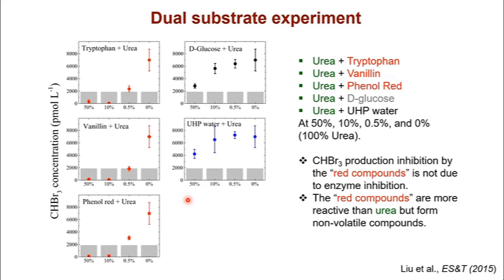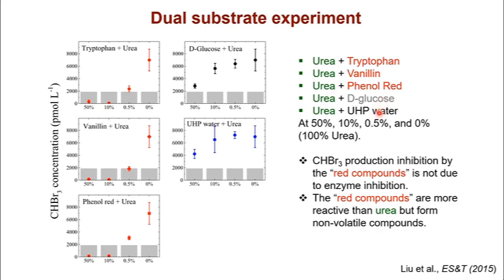And then in the dual substrate experiment, I chose urea, which ranked first in enhancing bromoform production, and mixed that with 3 of the inhibitors to see what would happen. And then I used 1 of the compounds, D-glucose, which did nothing in bromoform production, as a reference to see what that would really mean.